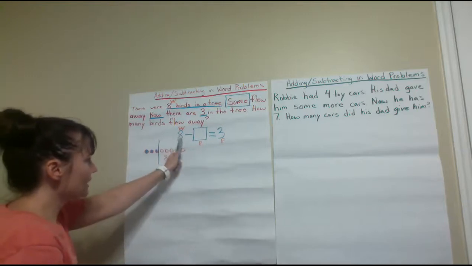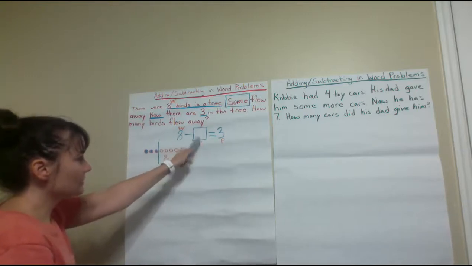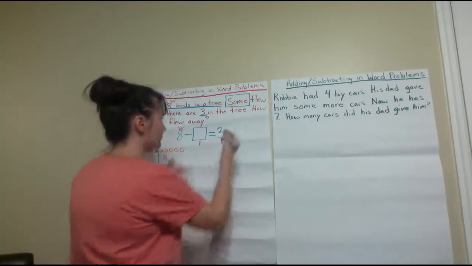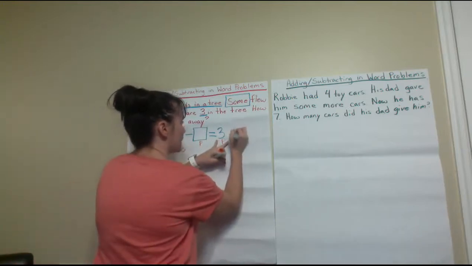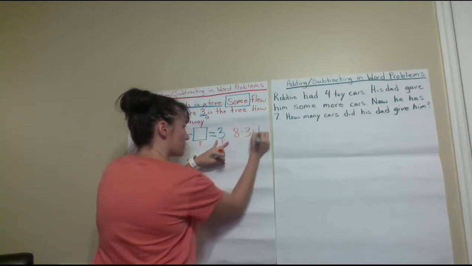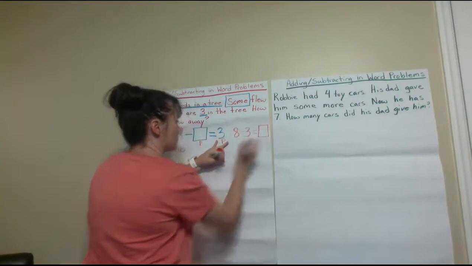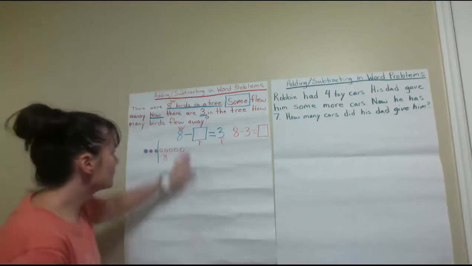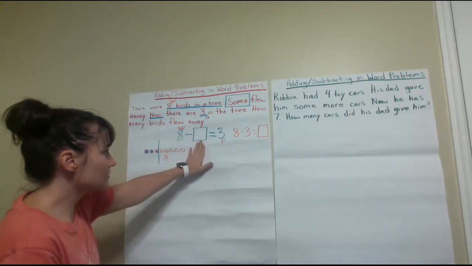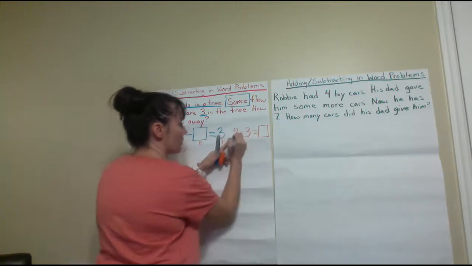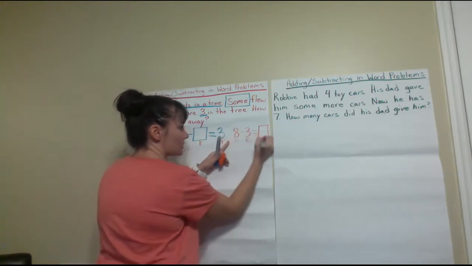So if I had 8 and I minus something to get to 3, I could think of 8 minus 3 equals the unknown, because I know that they're interchangeable. This is my whole, I minus a part to get the other part.